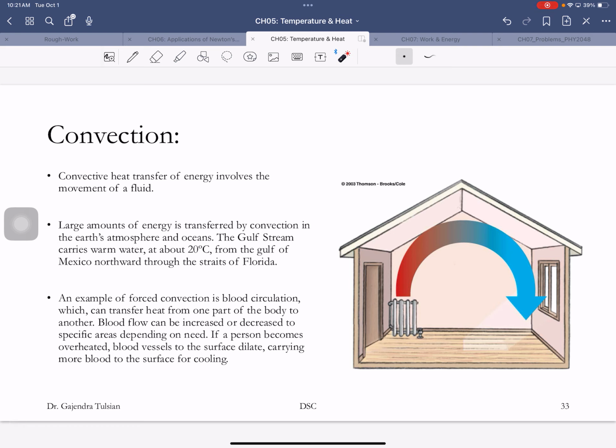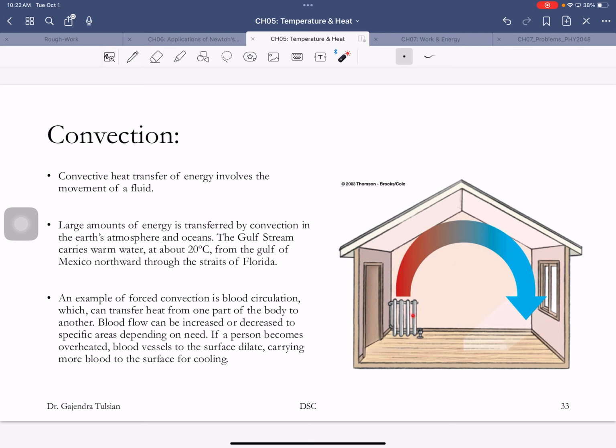Convective heat transfer. In convective heat transfer, substance actually moves to transport heat. Here's how you warm up a room via a space heater. When you turn on the heater, all the air around it warms up, gets less dense, and rises up. Now you've left a partial vacuum, and so cold air comes and replaces that.